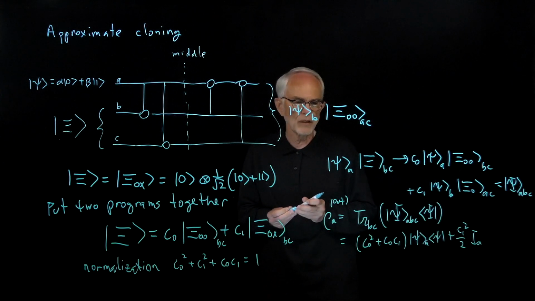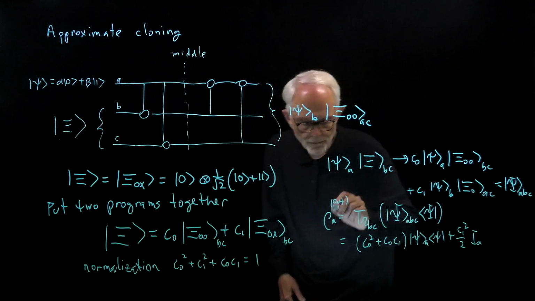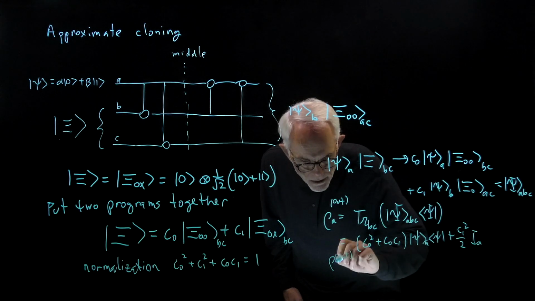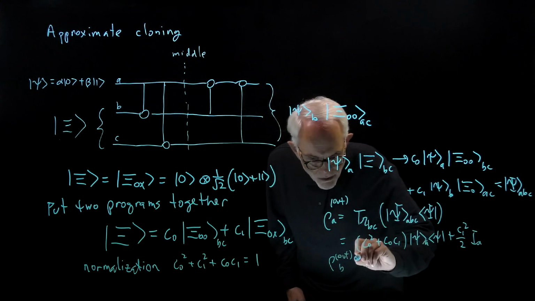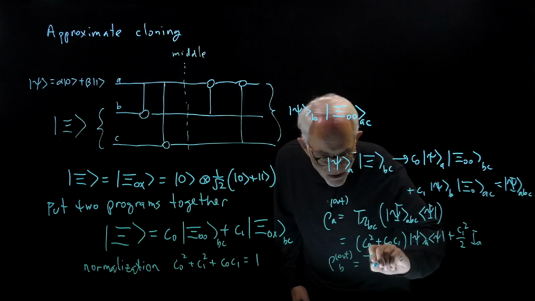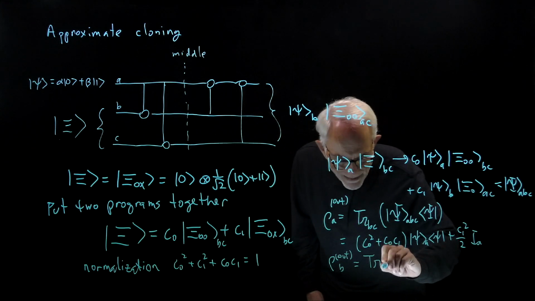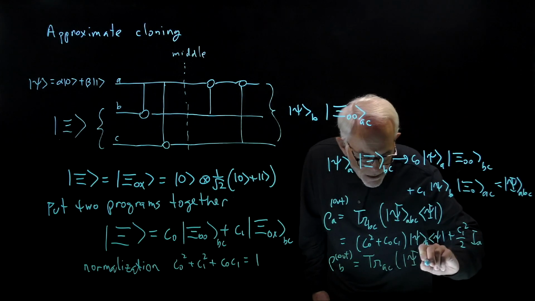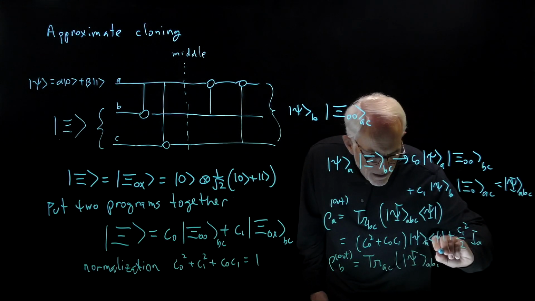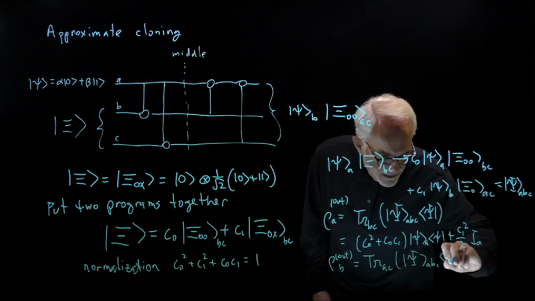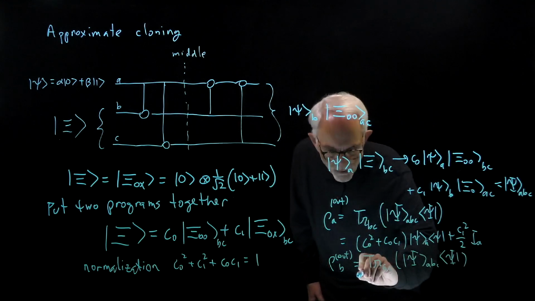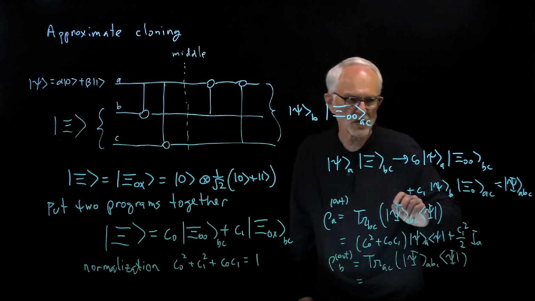Now, if I do the same thing for B, so I'm going to trace out B. Same kind of thing, trace, but now we're tracing over A and C, psi ABC psi. And in that case, what I'm going to get looks rather similar.